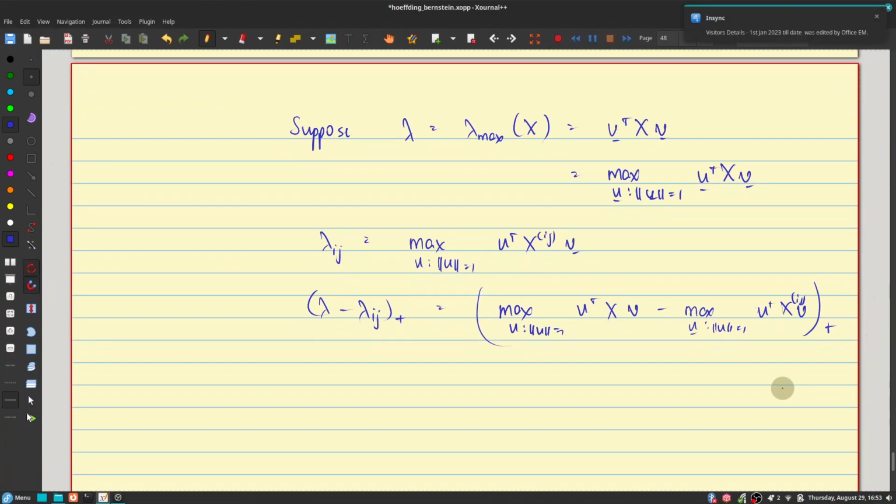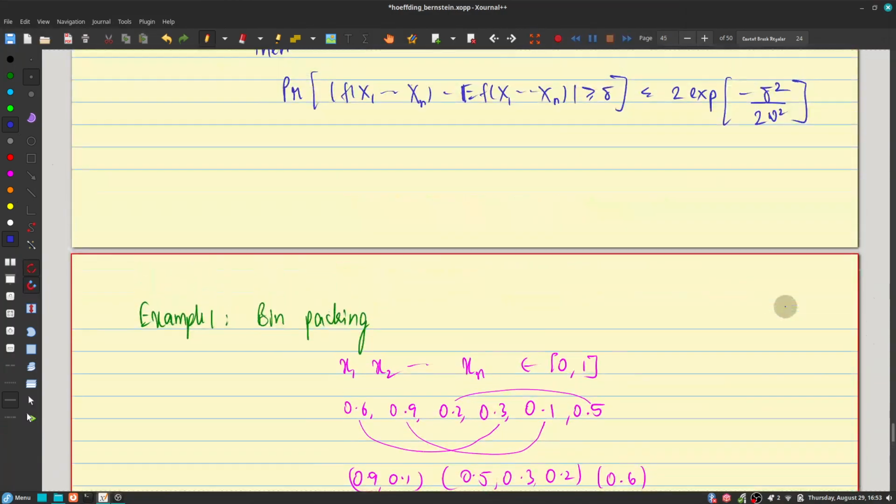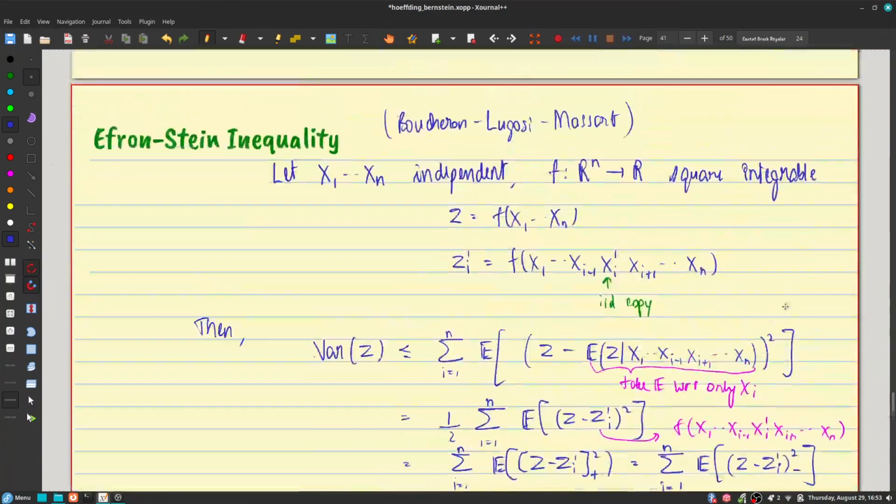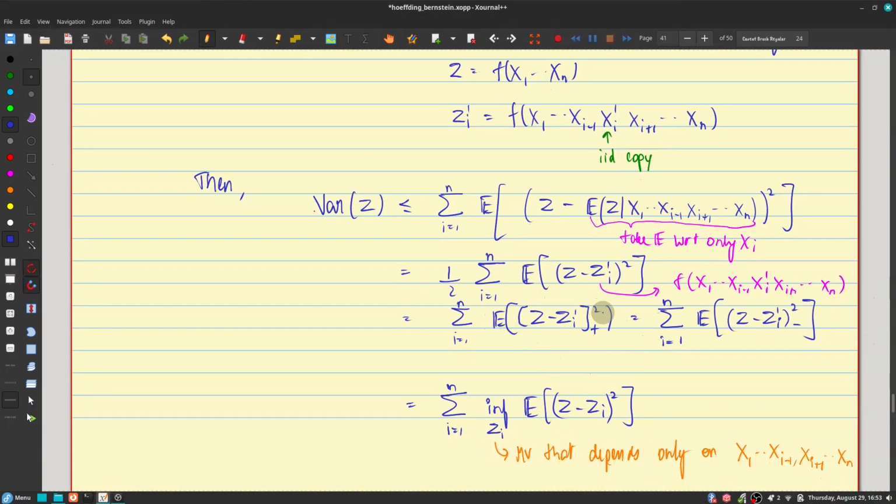So essentially the first observation that we want to make, in fact I can just have U transpose X U and U transpose X ij U, because eventually I will want to use this particular part of the Efron-Stein inequality, which bounds the variance in terms of the expectation of just the positive part of the difference. I haven't taken an expectation yet, so I'm still okay.